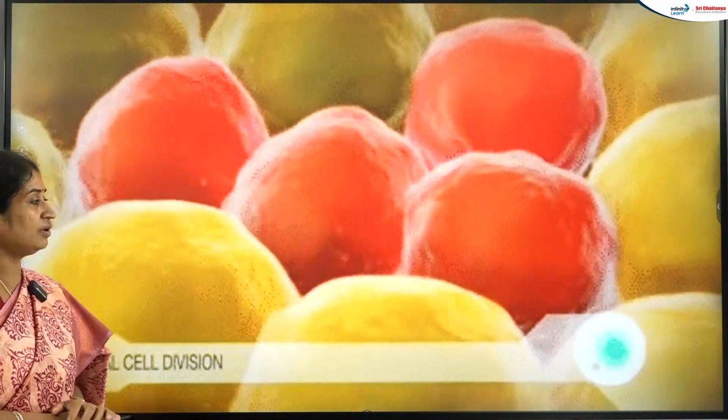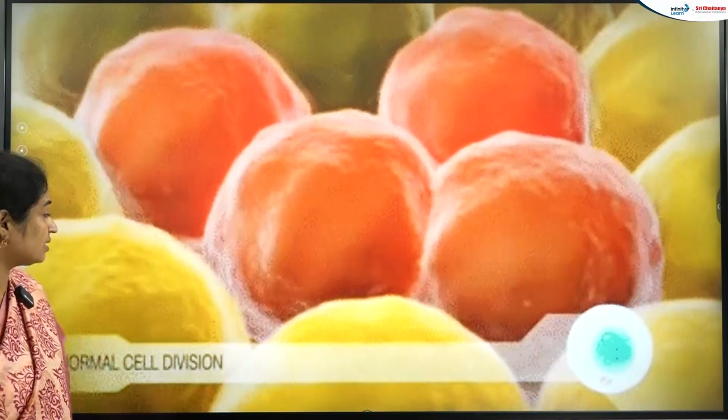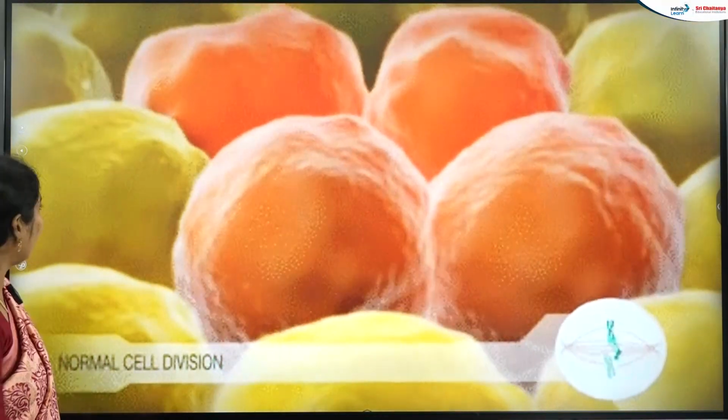Next, what is the difference between normal cells and cancerous cells? Normal cells have some properties.